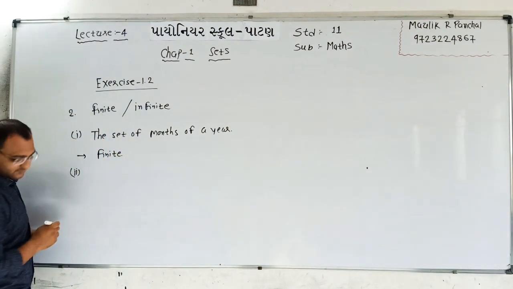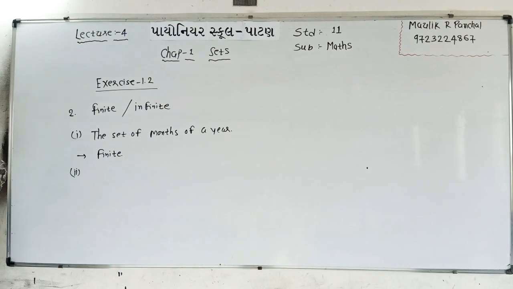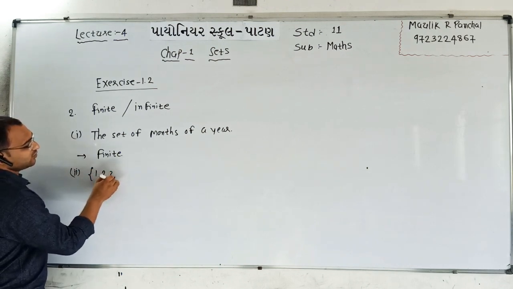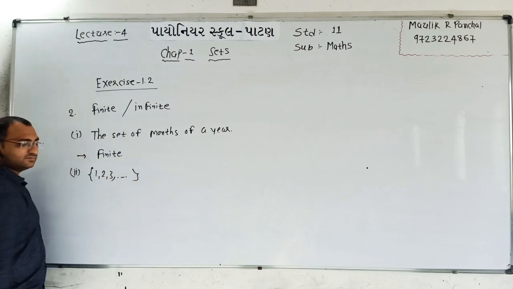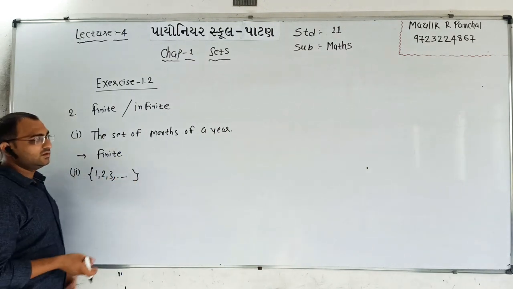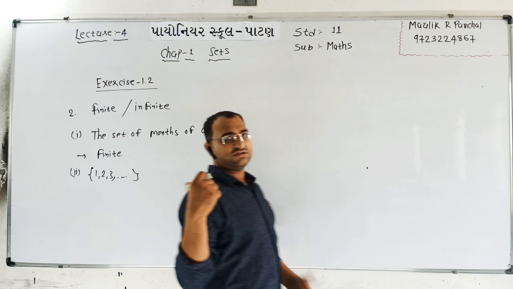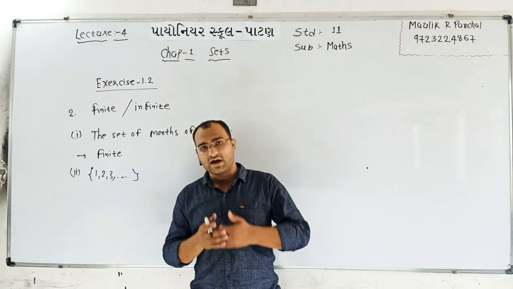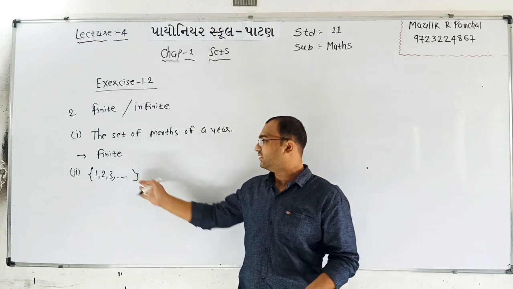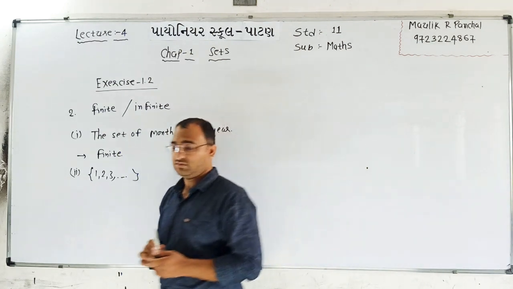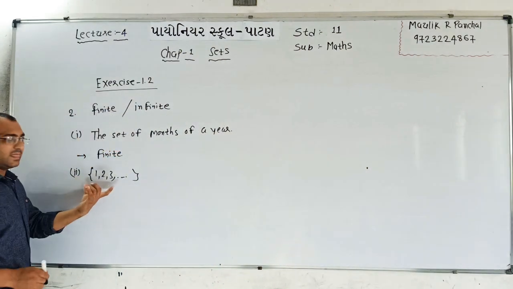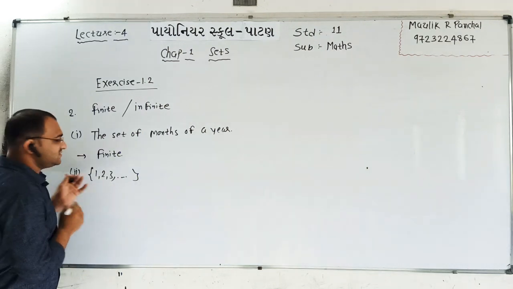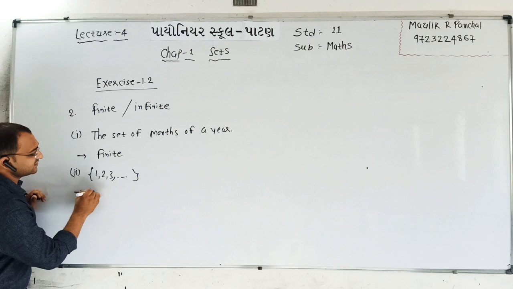Second, 1, 2, 3 up to infinity. This is the set of natural numbers. We know that this set is an infinite set, and the number of members is not definite. That means it is an infinite set.